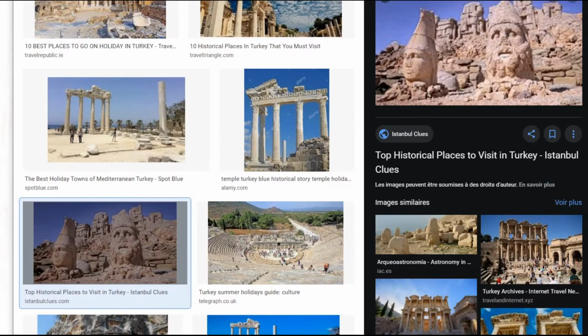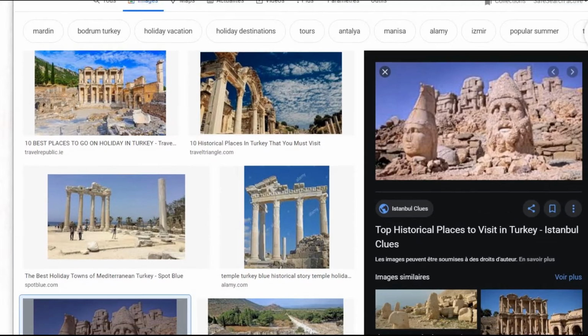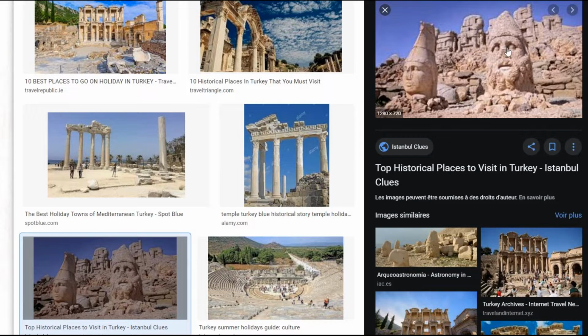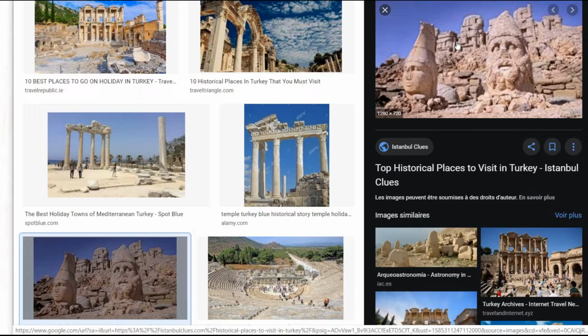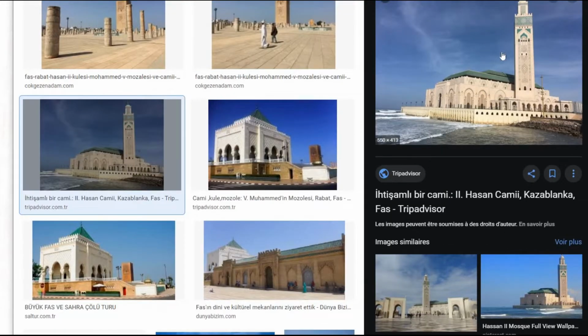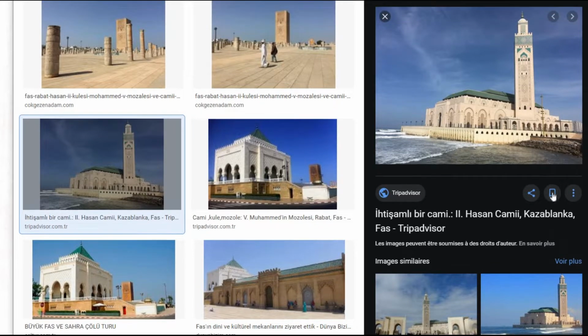If you go on holiday to see these kinds of things, then you are on a historical or historic holiday. In my country, Morocco, in Fes, for example, we have the Muhammad V mosque. This is in Fes, in Morocco.